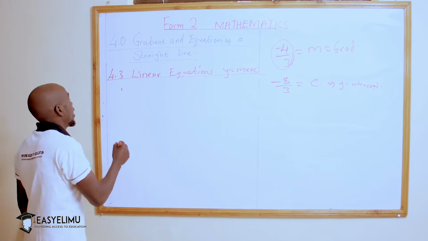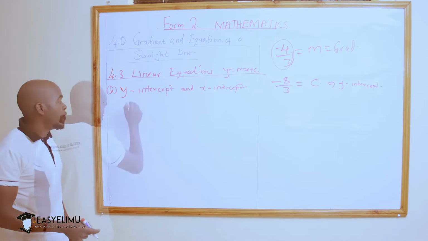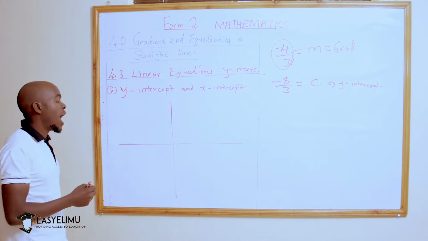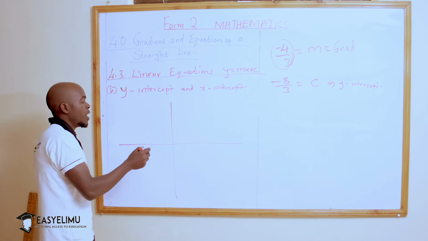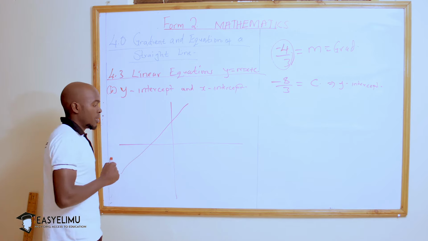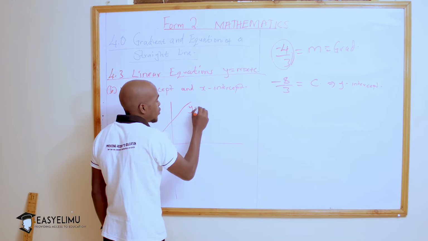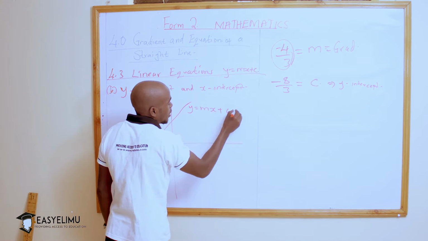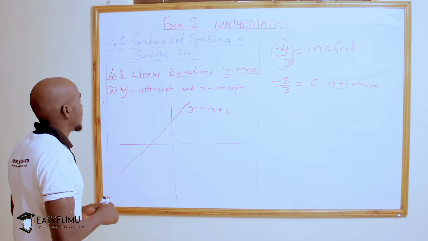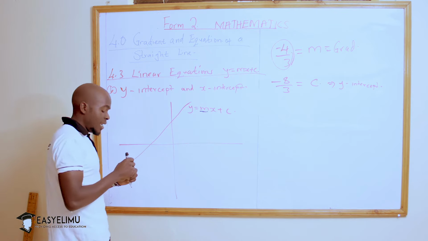Now let's see how we can find the y-intercept or x-intercept. If you have a Cartesian plane of this sort, and a line running in this direction with an equation y equals mx plus c, then from this line, as we have said, m is the gradient.